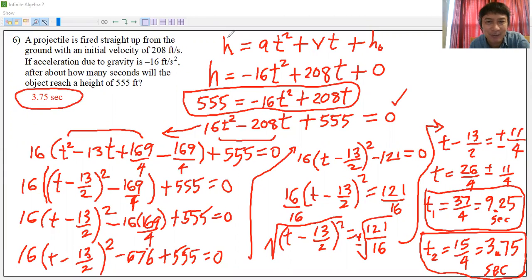Okay, and I hope you'll be able to follow the way to do it. If you cannot solve it by completing the square, you can use the quadratic formula, and that will be a lot easier. Okay, all right, and so that will be for our number 6, and we shall continue with the next number, 7.